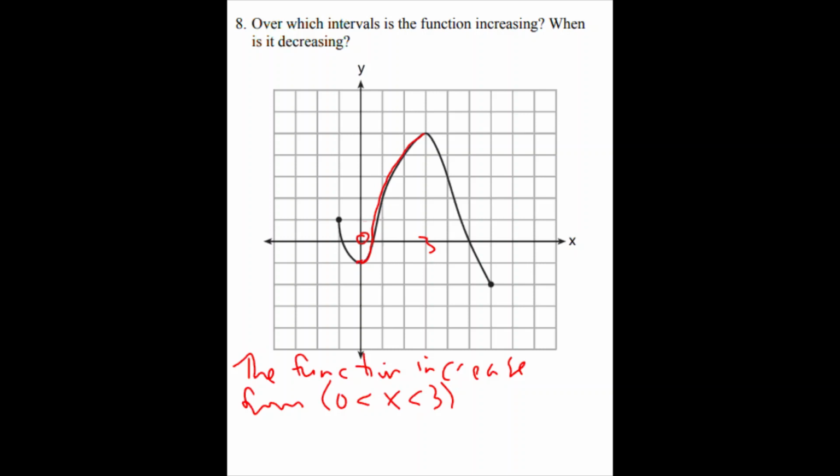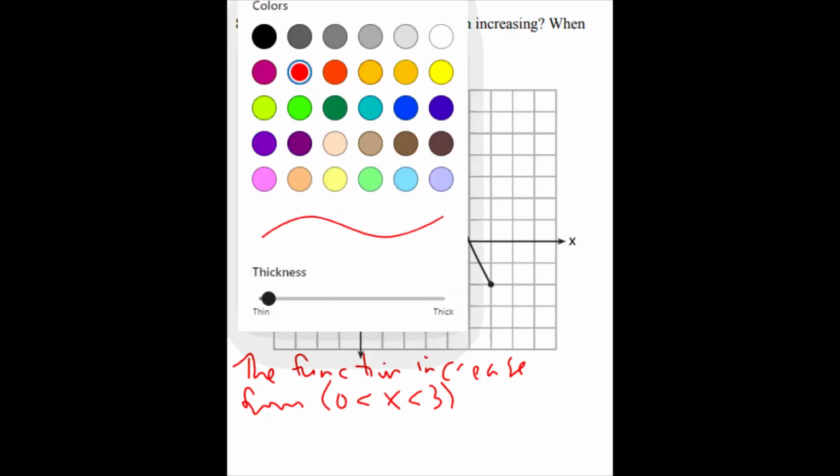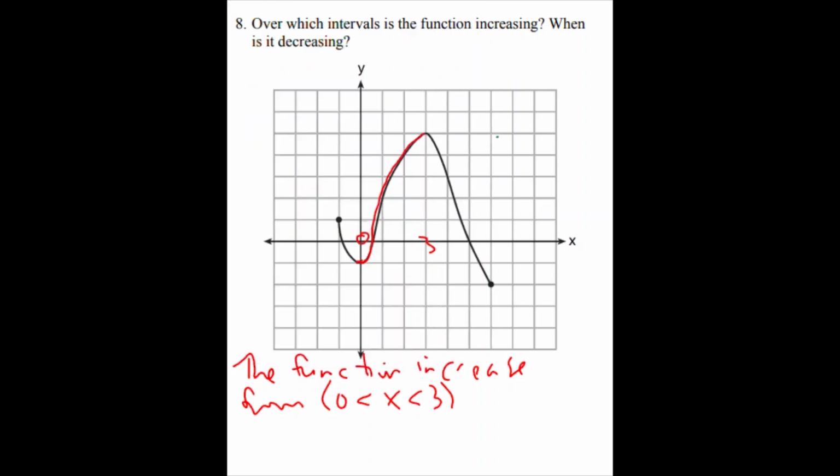We then also take a look at when the function is going to be decreasing. We'll use this color green here. And so we see going from highest to lowest value here in this section of the graph. And that's from -1 to 0. And then from here, the highest point all the way down to its low point here. And so that would be, in this case, at the value of 6.